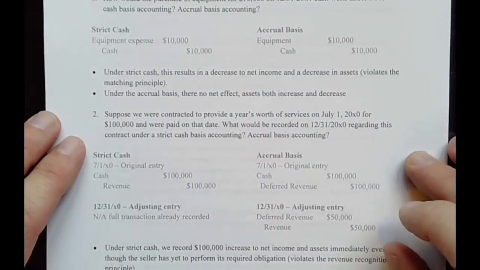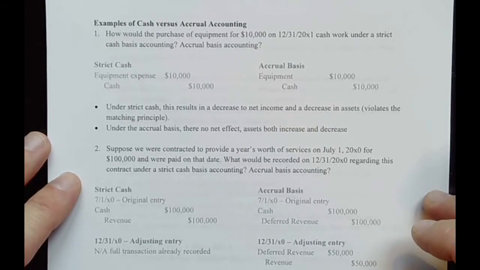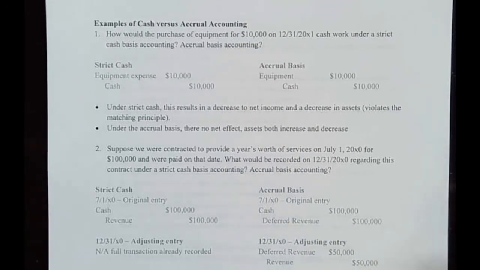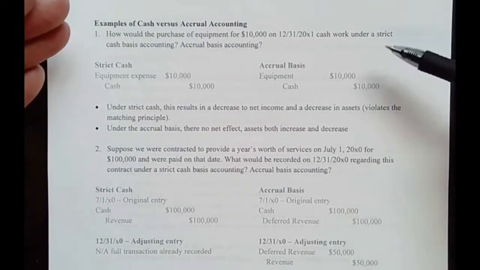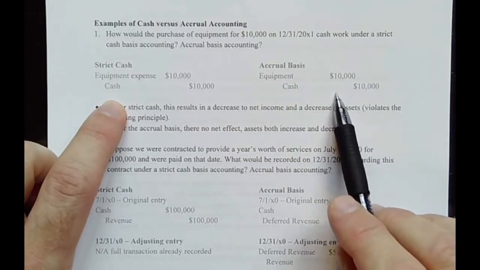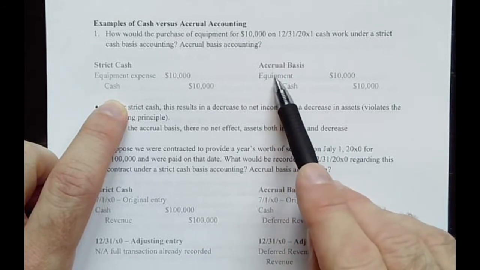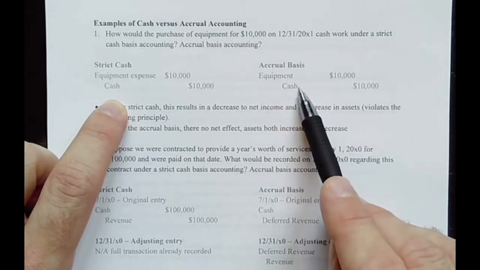Actually, you can roll through these examples on your own, and I don't think we need to spend air time with it. I encourage you to. It just shows you the big difference between accrual accounting and cash accounting. Like when we purchase machinery under strict cash, it's no longer equipment that gets debited and cash that gets credited.